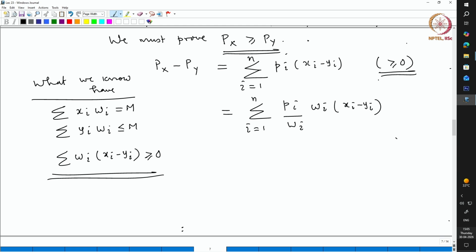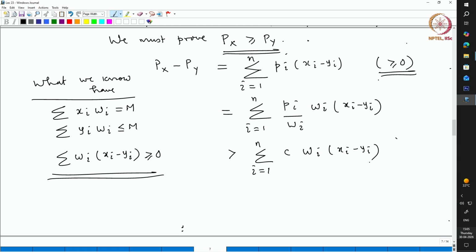It is multiplied by a different value. As a thought experiment, imagine I am able to show that this is greater than the sum over i equal to 1 to n of some positive constant c times (wi xi minus yi).